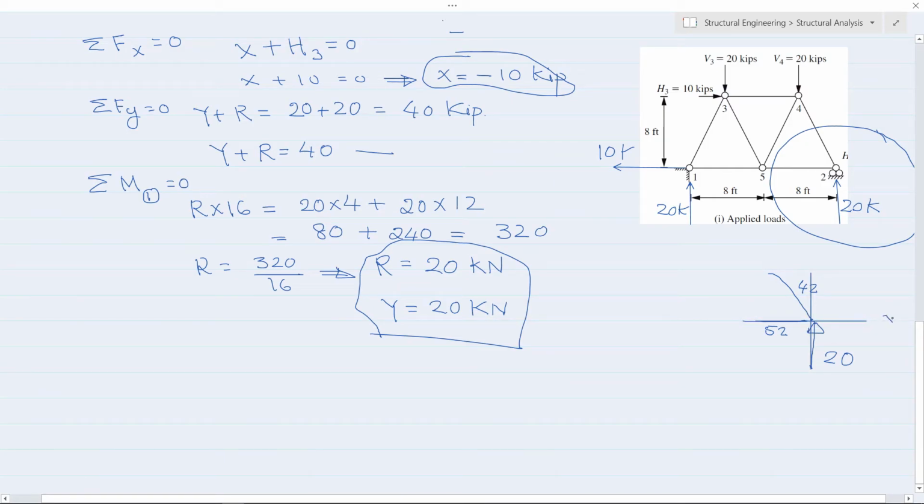So this is the x-axis, this is the y-axis. We can again apply the same equations which we have already applied before and try to solve it.